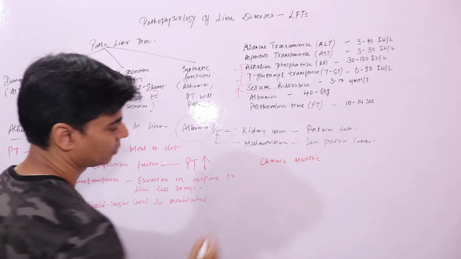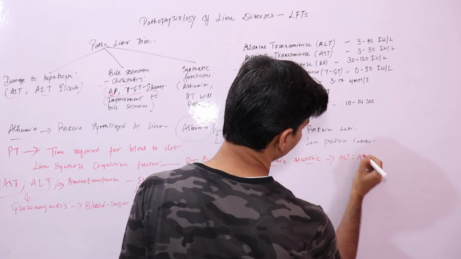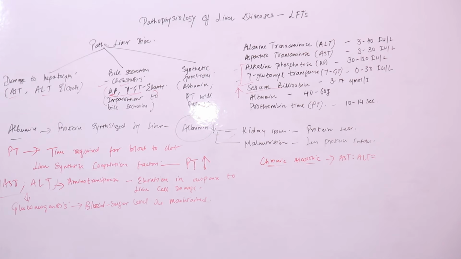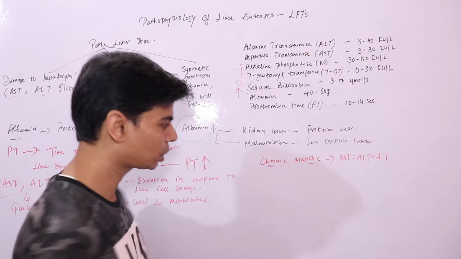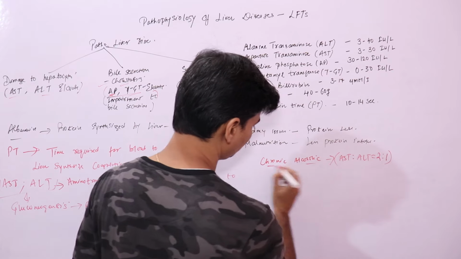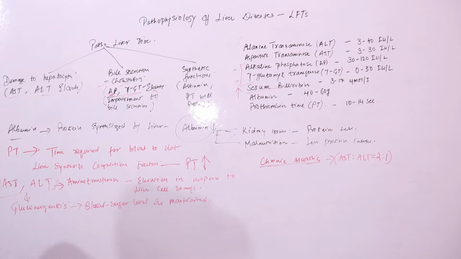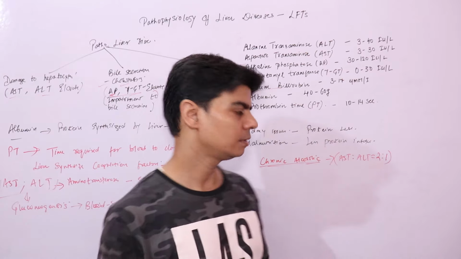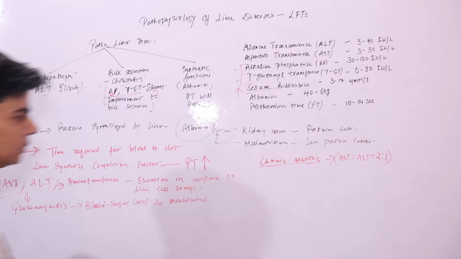Their AST to ALT ratio would come out to be 2:1. If this is what you see in the blood report, possibly it's due to alcohol. Alcoholic addicts will show this kind of pattern in LFTs, right?